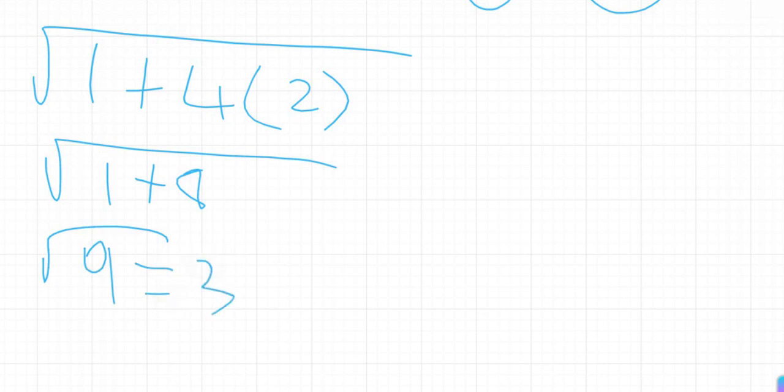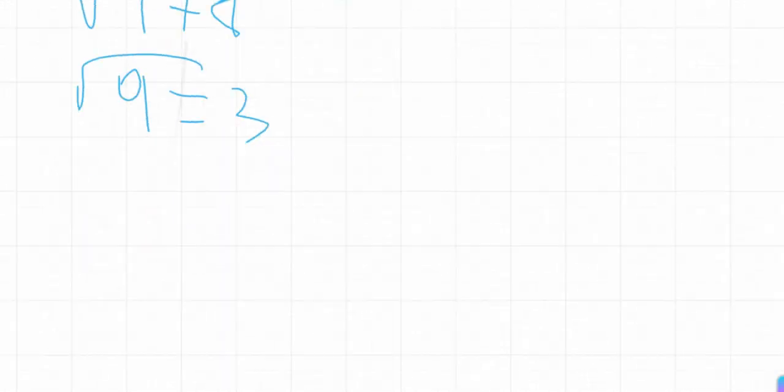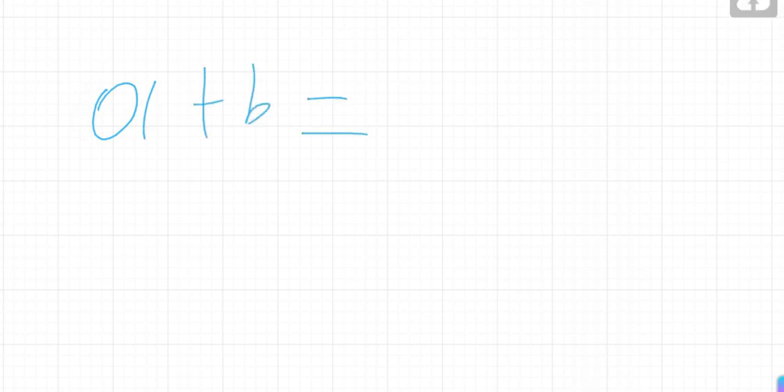Now let us justify if this operation is actually commutative. I don't know what we say commutative means. It doesn't matter the order in which we change the numbers. So if we have A and B, this is saying it doesn't matter how we do it.